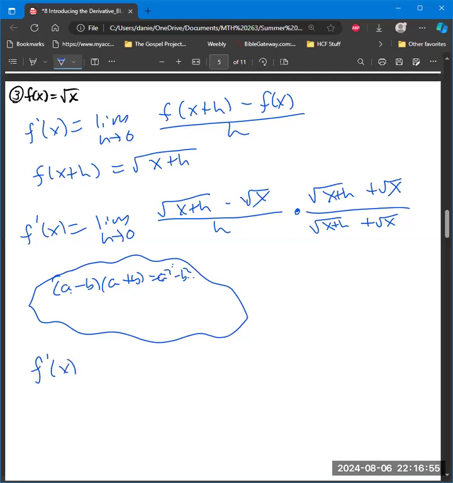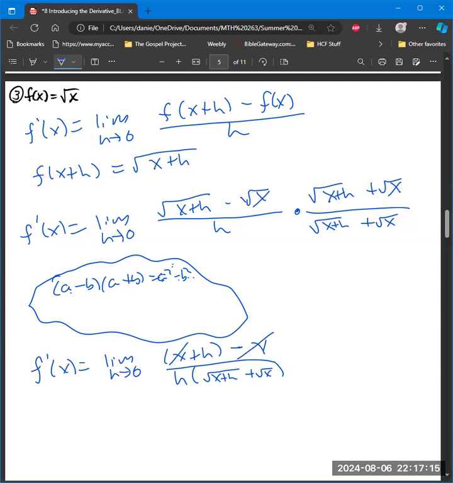f prime of x is equal to the limit as h goes to 0 of x plus h minus x, using our formula that's right up here, divided by h times the square root of x plus h plus root x.